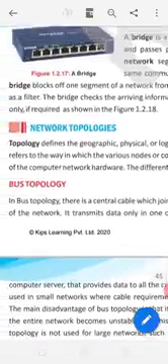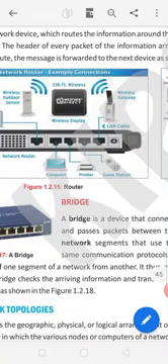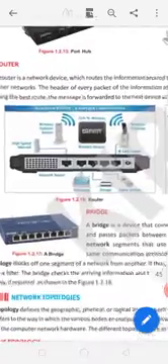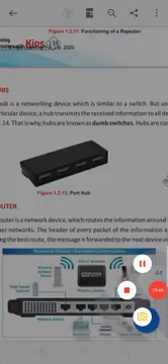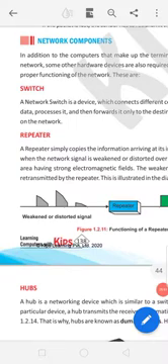Now again I want to give you a little bit of info about this. Today we read network components. In this we have switch, repeater, hub, router and bridge. Switch is used to transfer the data from one way to another.